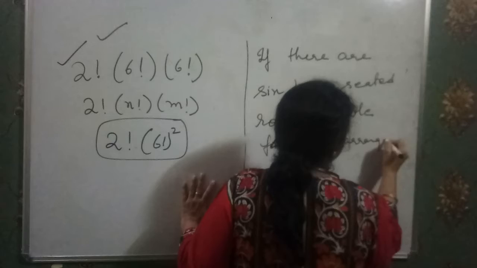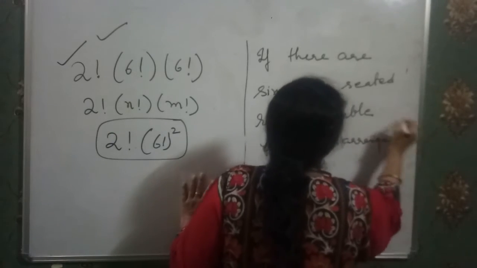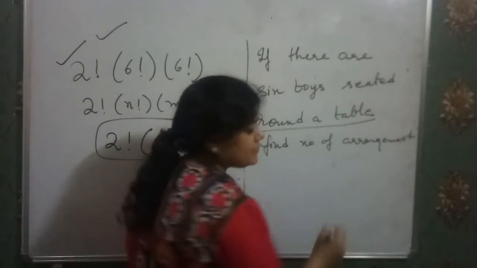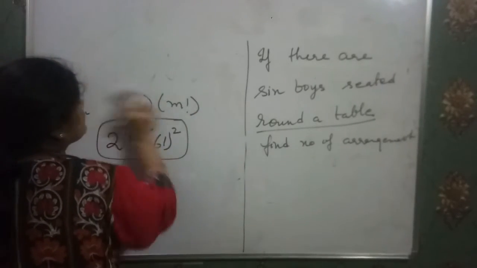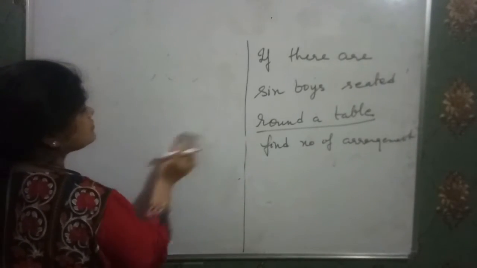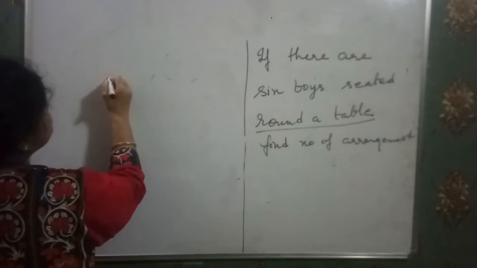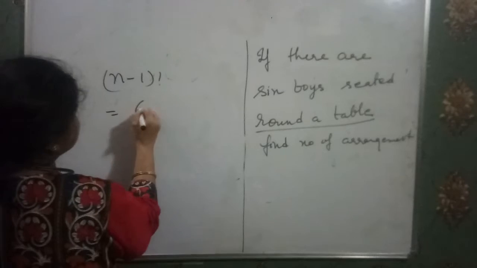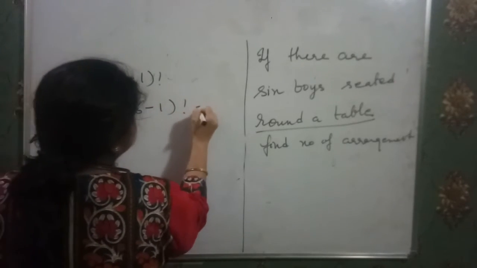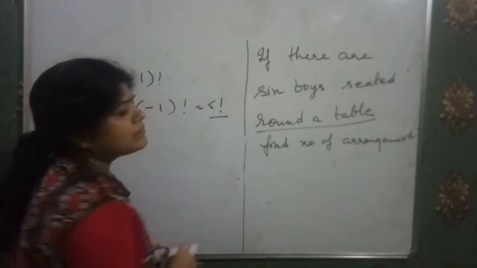That means how they can be seated. So when they are seated around a table, just use the formula n minus 1 factorial. That means we have 6 minus 1 factorial, that is 5 factorial.